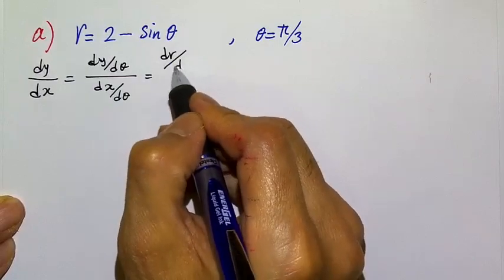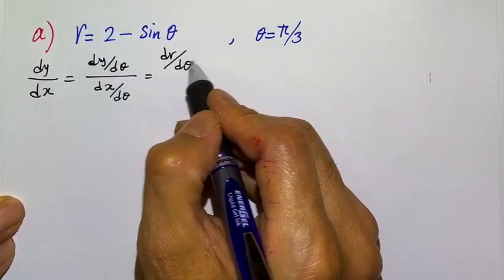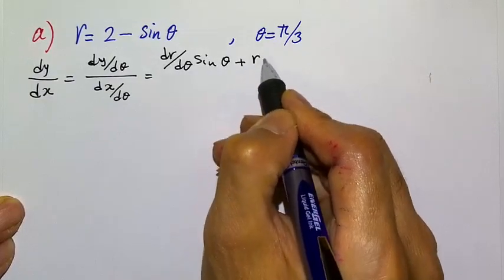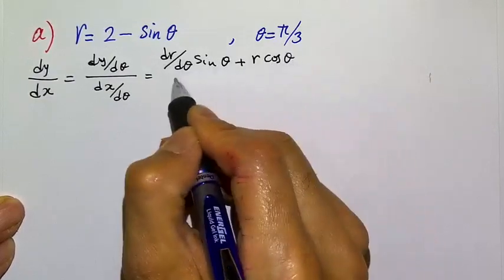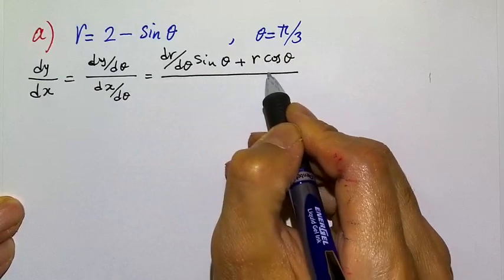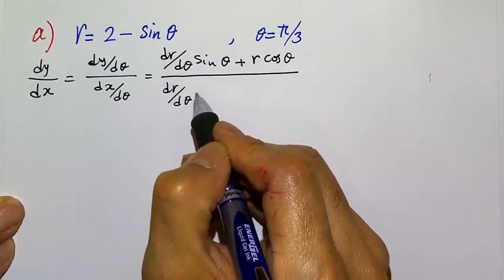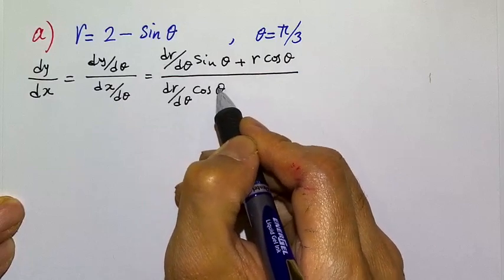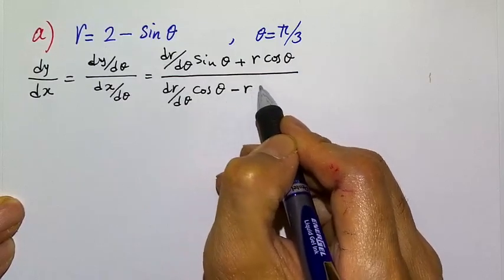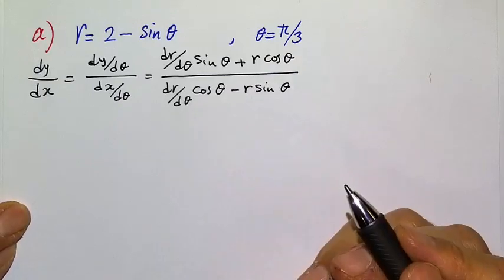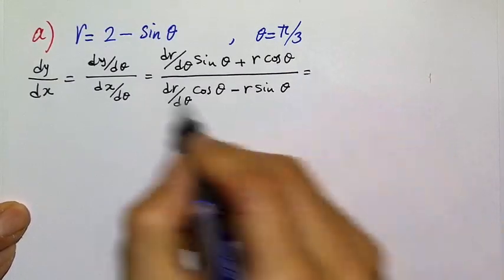Let me see, dr d theta times sine of theta plus r cosine of theta divided by the same thing, dr d theta times cosine of theta minus r sine of theta. Okay. All right, so this was our formula.